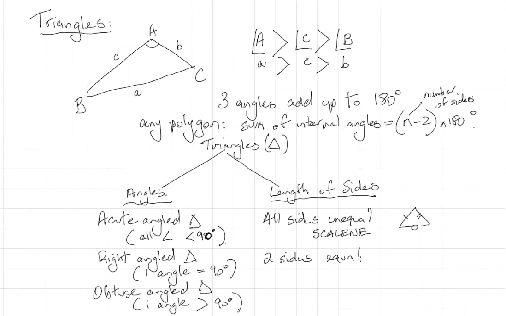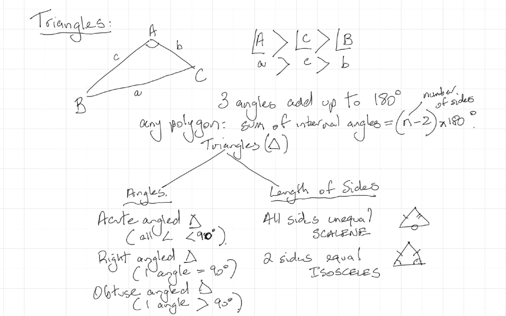Two sides equal, and we'll just put the same symbol there, and that's called isosceles. Incidentally, if these two sides are the same length, it means the angles opposite those sides are equal. Opposite that side there will be this angle here, and opposite that side there will be that one there.